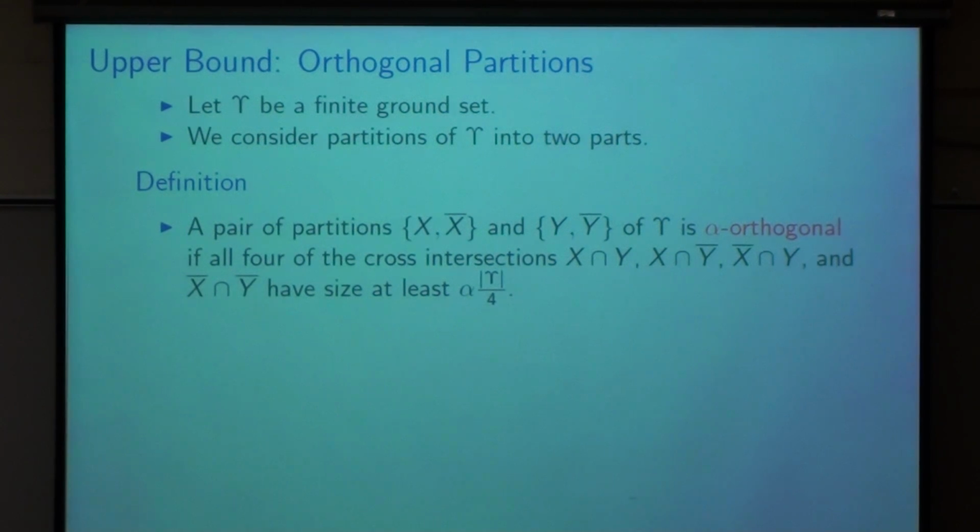Well, it's just normalized so that the most orthogonal that any two partitions can be, these four sets are going to partition the ground set into four sets. So the best possible situation would be if they each had a fourth of the size of the ground set.